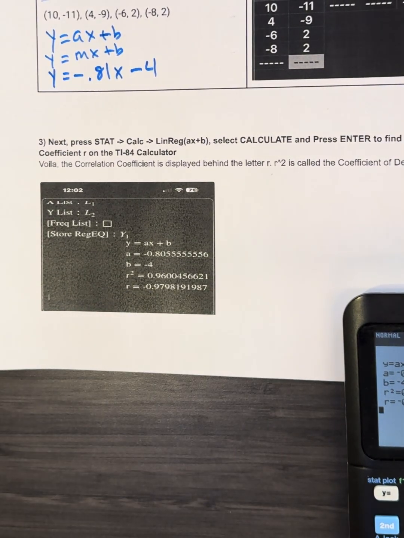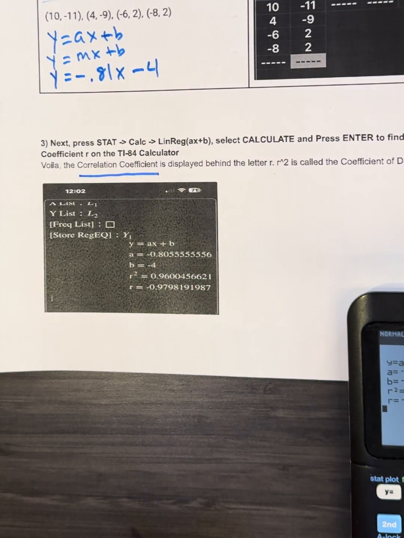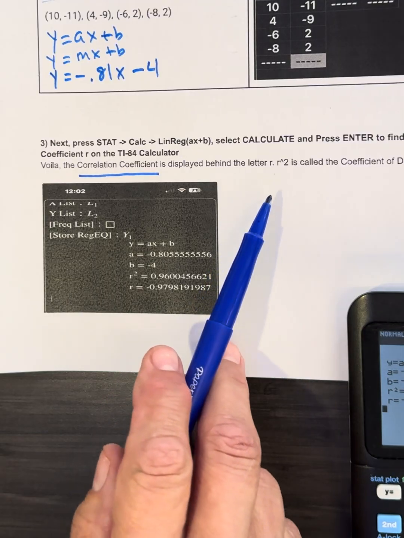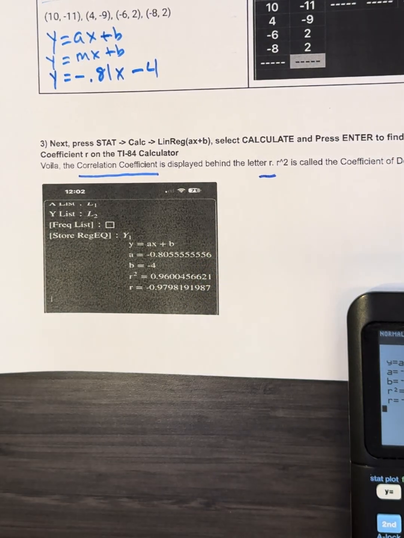Okay, next we want to find the correlation coefficient. Now the correlation coefficient is displayed behind the letter R. Not R squared, R. And the R squared is called the coefficient of determination.